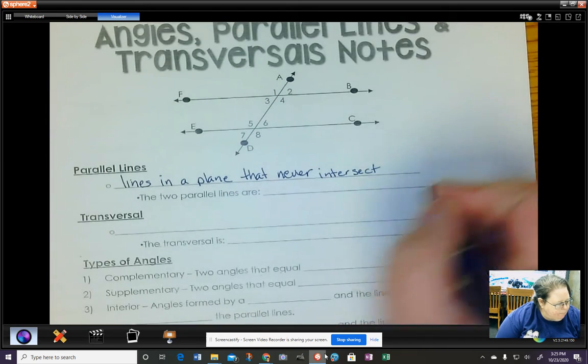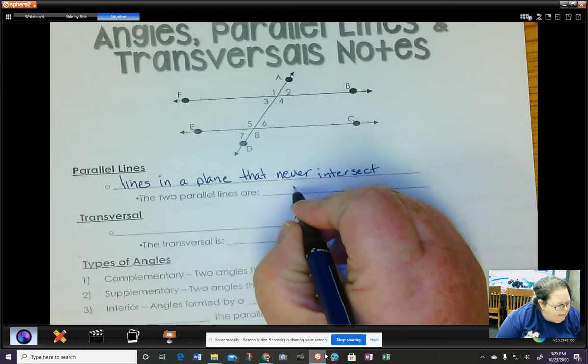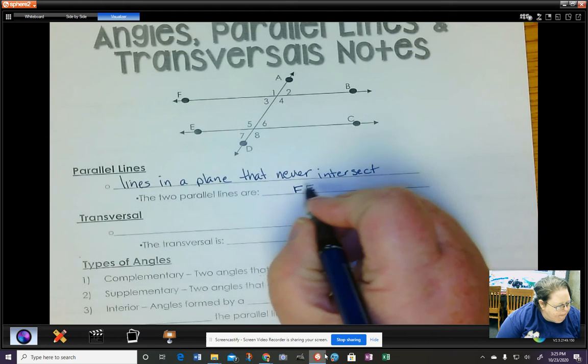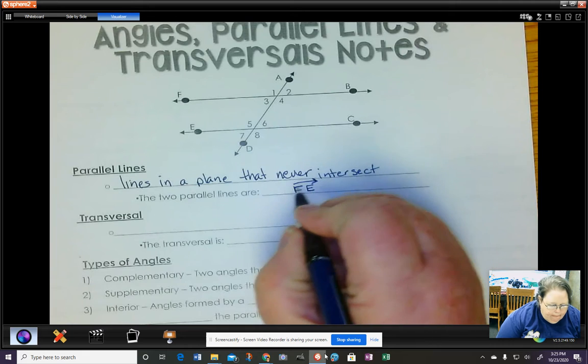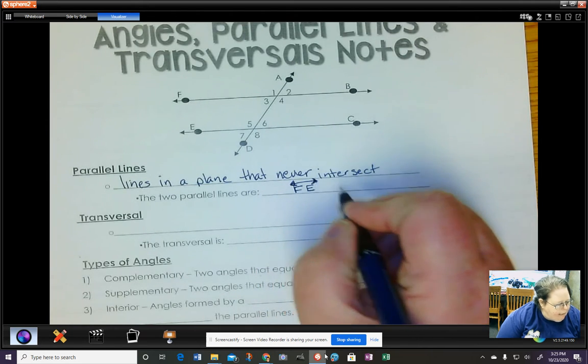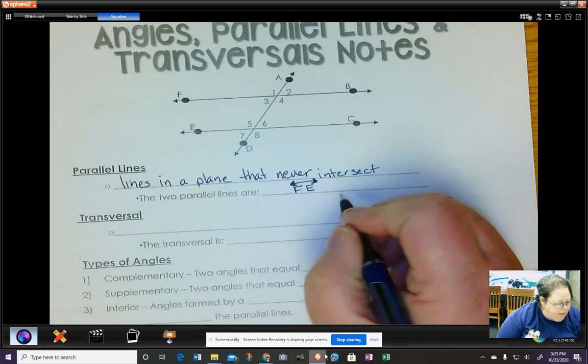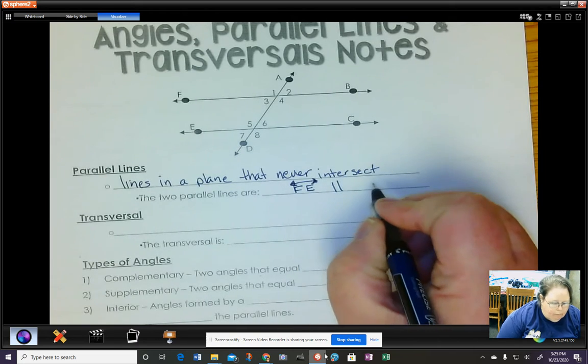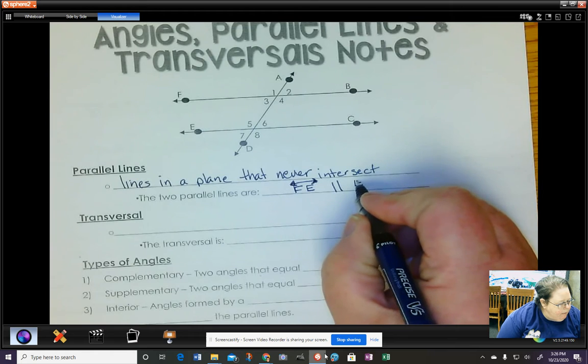For example, line FE, remember you put the arrows on it for a line. Line FE is parallel to line EC.